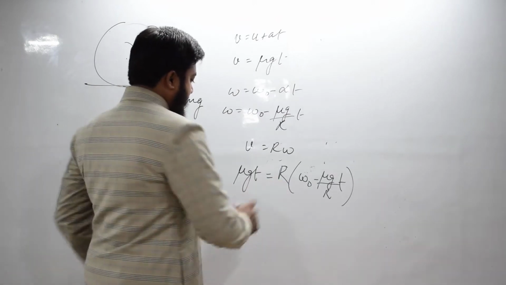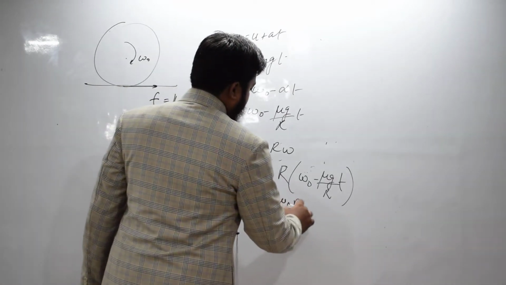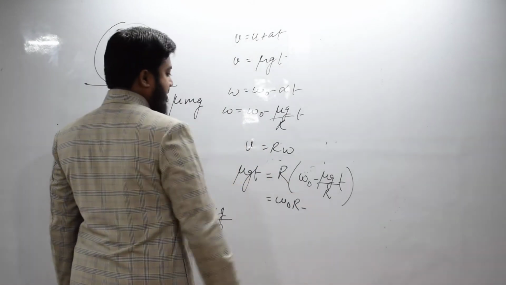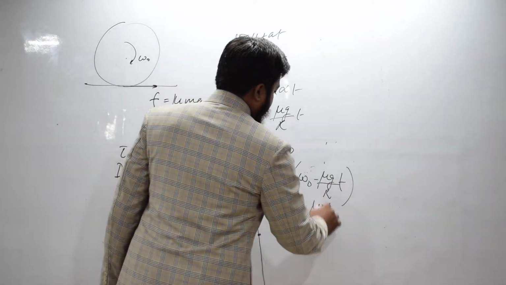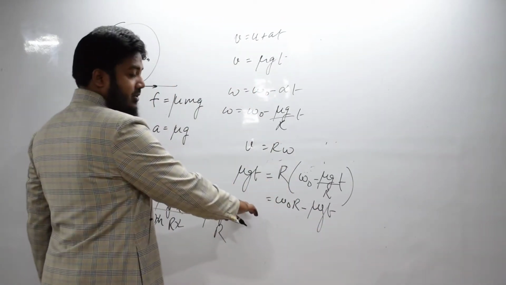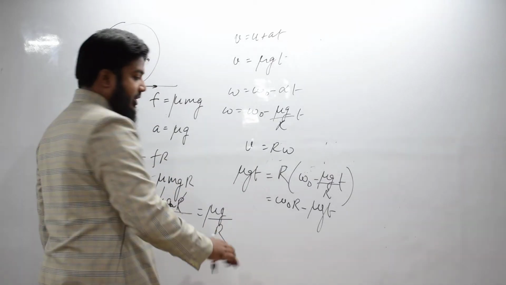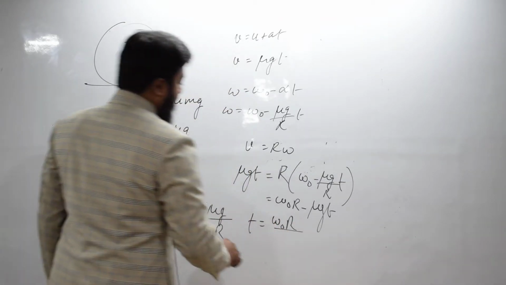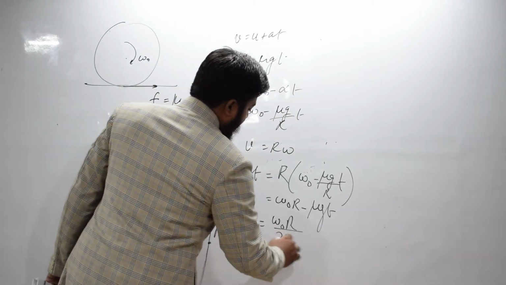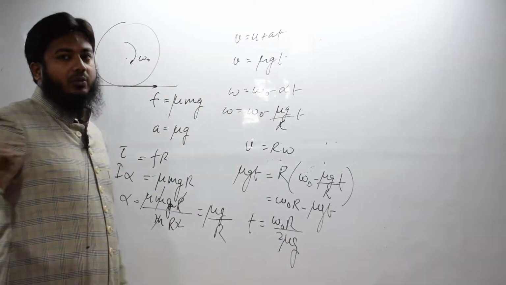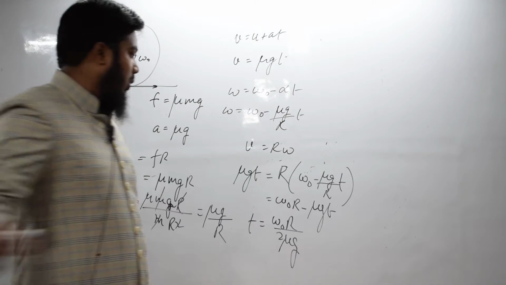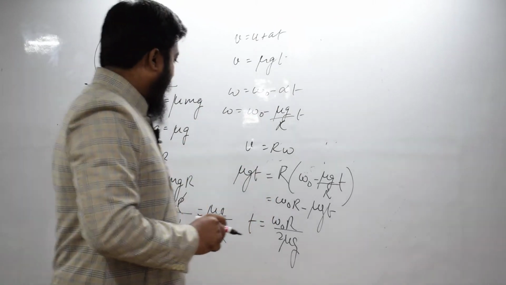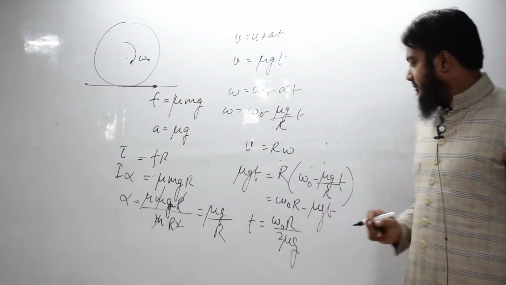Now, this becomes omega naught r minus μg t, and this μg t comes over here, it becomes 2μg t, or t is equal to omega naught r upon 2μg. This is the time after which the body will start moving as pure rolling.